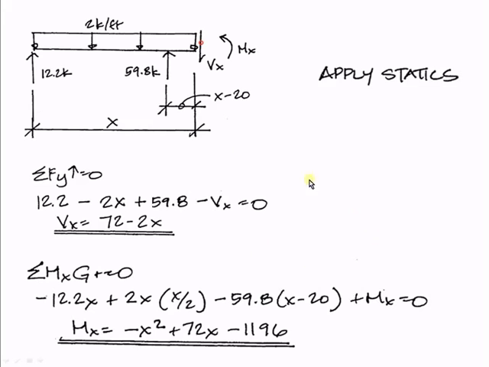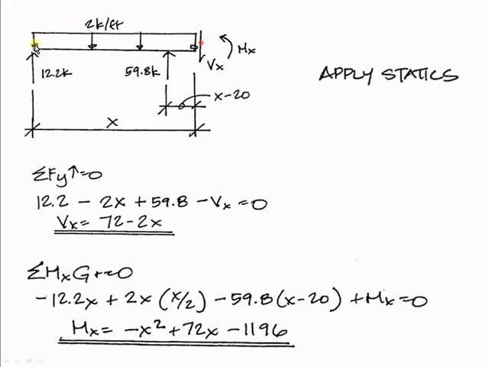Okay, so again, we're applying statics. 12.2 kips causing a clockwise rotation. Summing our forces in the y direction, up being the positive direction, setting that equal to 0. 12.2 kips acting up. Okay, 2 kips per foot acting down. But that's not in terms of kips, so we need to find the area of this rectangle.